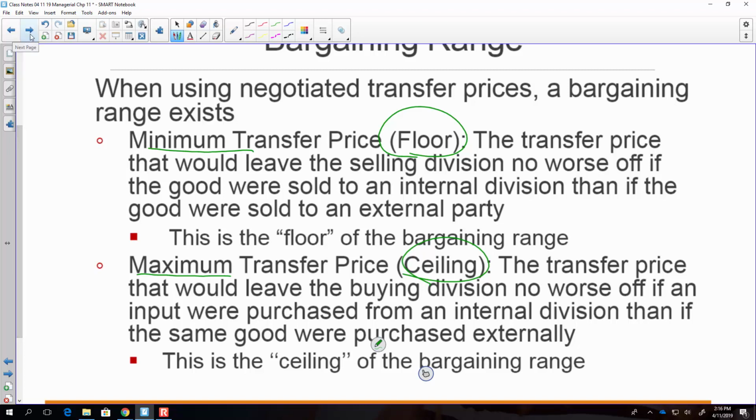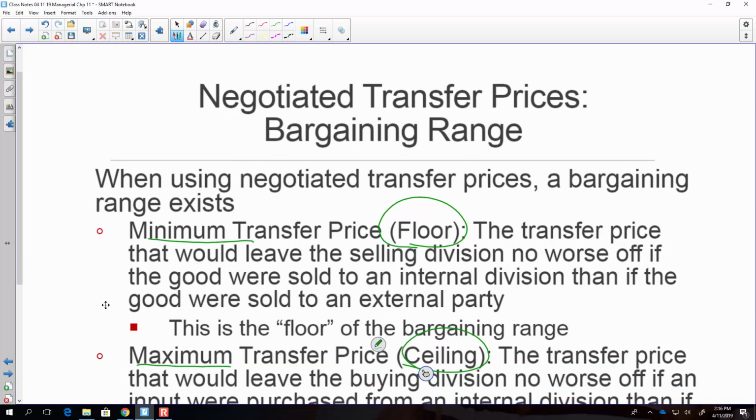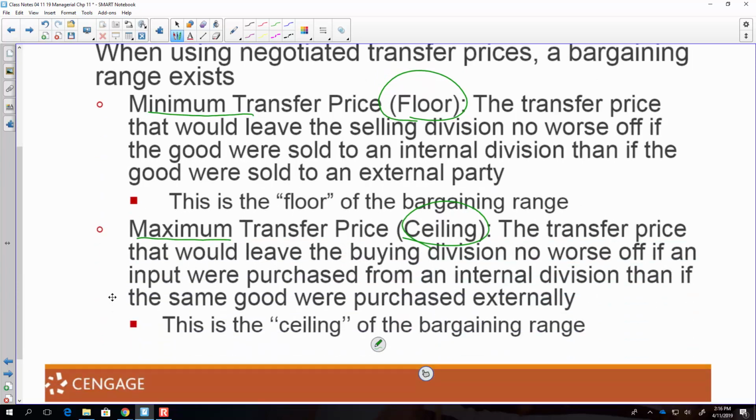And they talk about who sets the floor and who sets the ceiling. And I'm not sure if I see that here. Well, let's just put it on here anyway. Let's start with the maximum. The buyer sets the max, the ceiling.